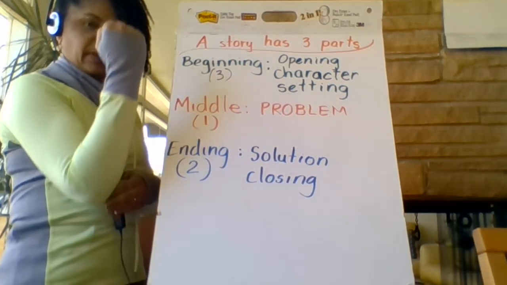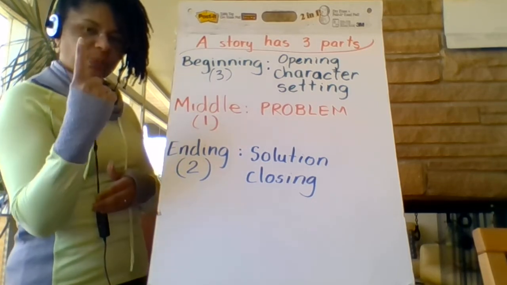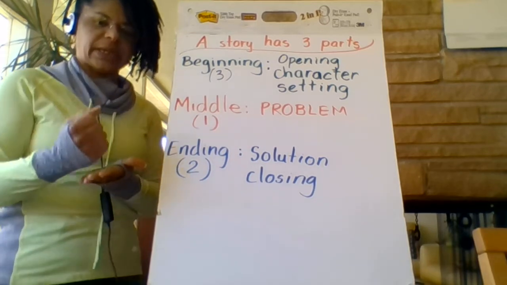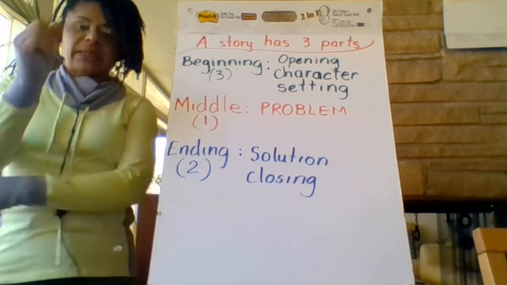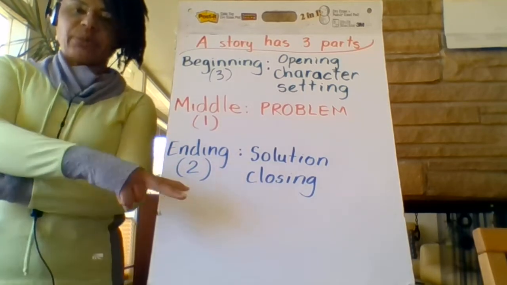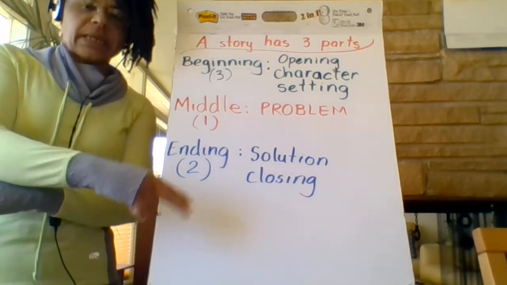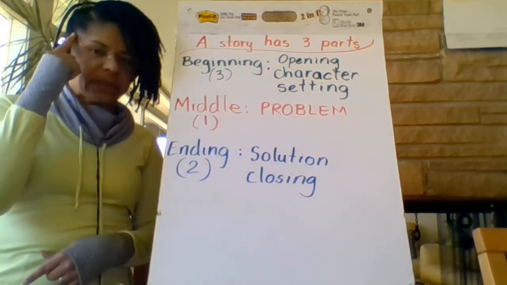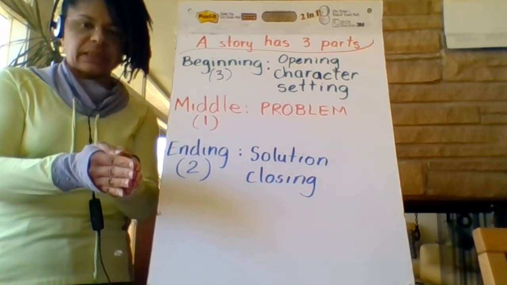The middle has one part. The middle has one part, and it's the problem. The ending has two parts. The ending has two parts, and they're the solution and the closing.